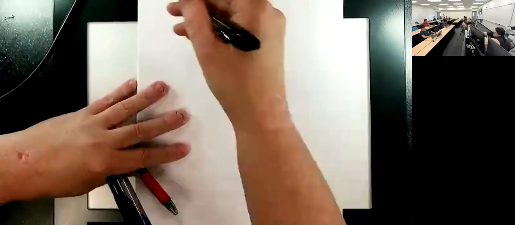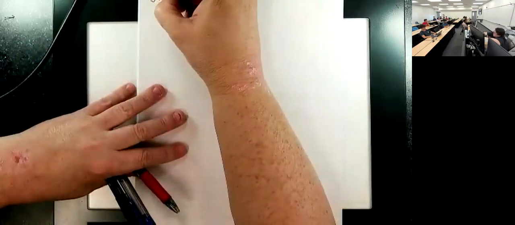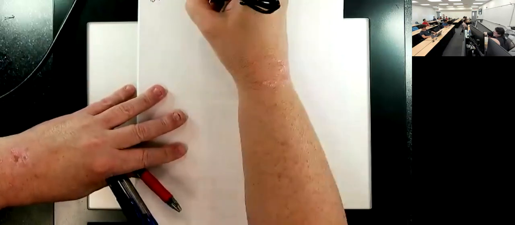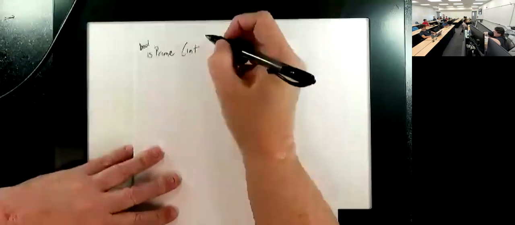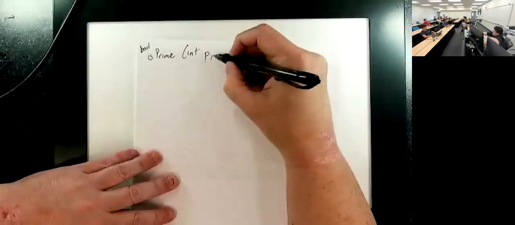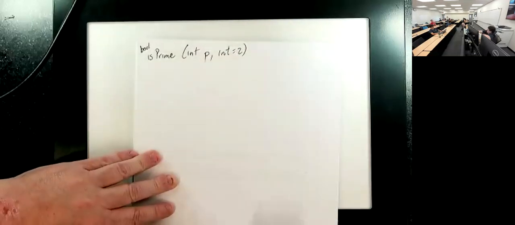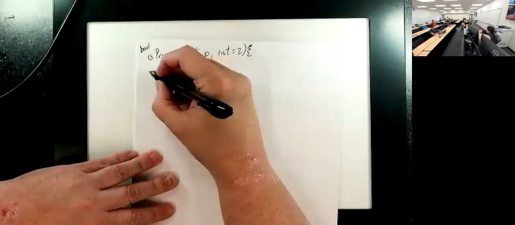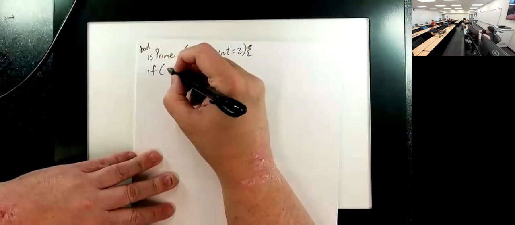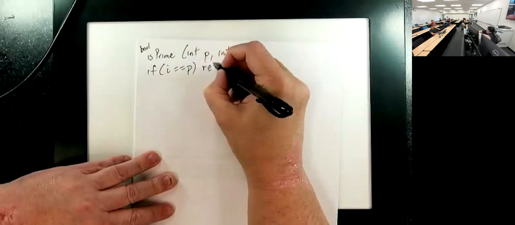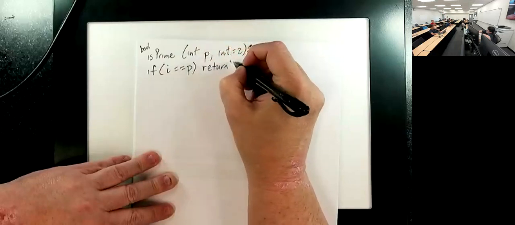So the isPrime program, it's a bool function, so it returns a boolean, and it takes in int p and int i equals 2. I'm just writing it so that we have access to it while we're working. If i equals p, we are going to return 1, saying that it's true.